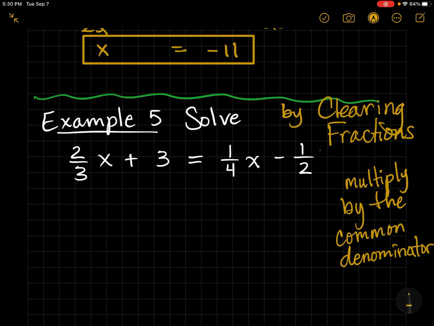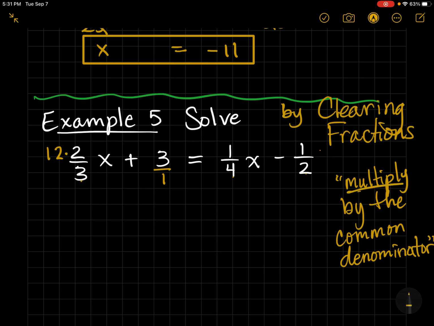So you always want to put comments so that when you get home and look at your notes, you don't say, oh my gosh, where did that come from? You already know because you've made that comment. So the common denominator, we have denominators of 3, 1, 4, and 2. You have to look at each and every term. Terms are separated by addition or subtraction. So 12 would be a good common denominator.